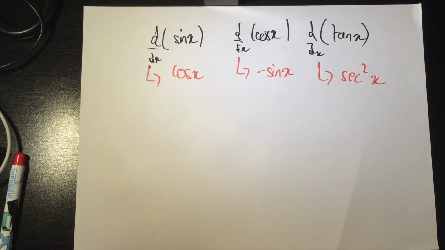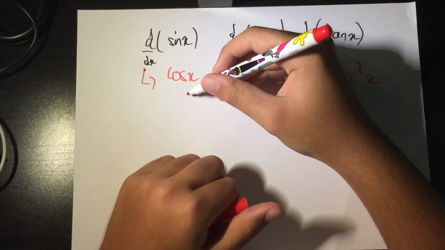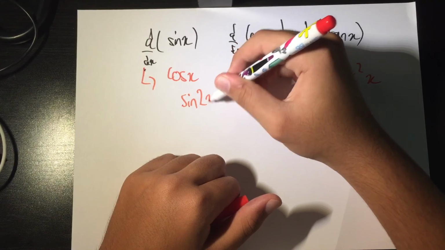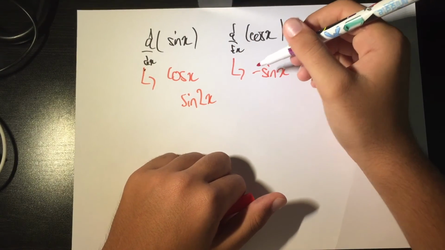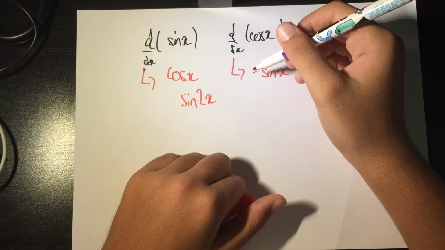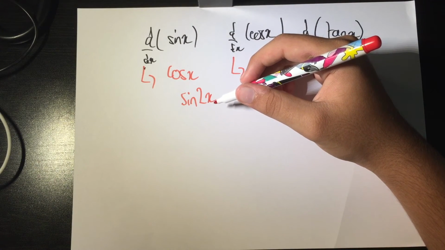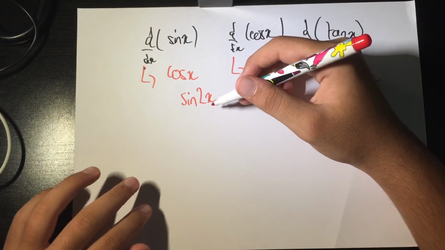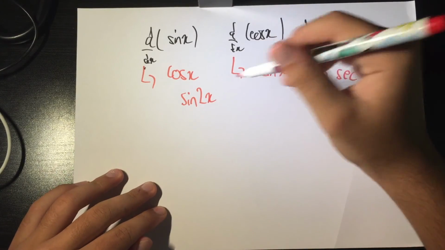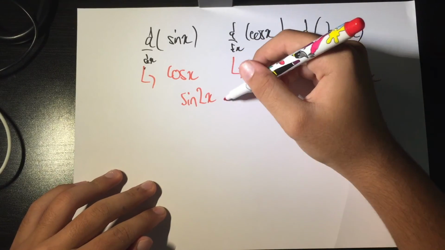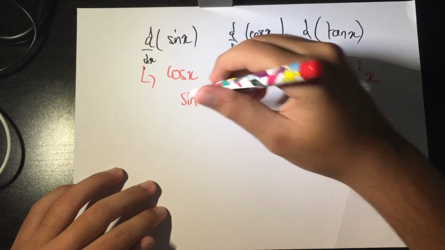Now we've learned to differentiate these kind of functions as well, and it's easy to differentiate functions like, suppose, sine 2x. So let's just write the general formula first.